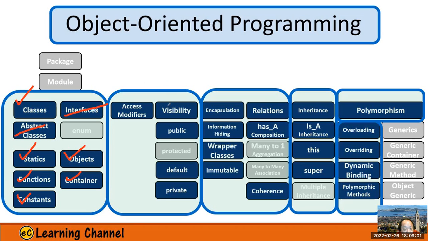So this term you need to know. And then you also need to know about the visibility, including public, default, and private, protected not tested. Okay. And then encapsulation, you know about the concept of encapsulation, wrapper class, and immutable of the class. Okay. And relationship, you need to know about has-a relationship and is-a relationship. Also, this keyword and super keyword, these are something you need to know.